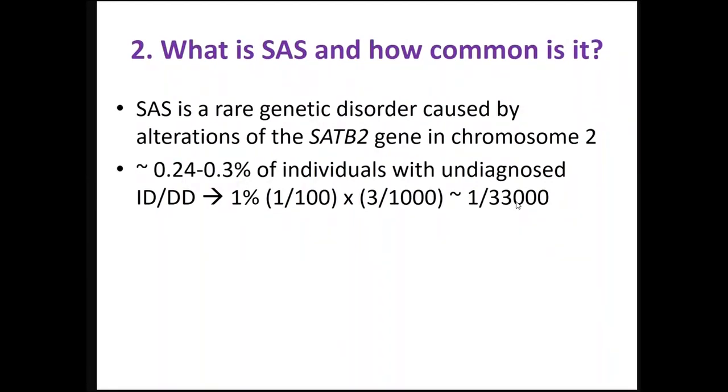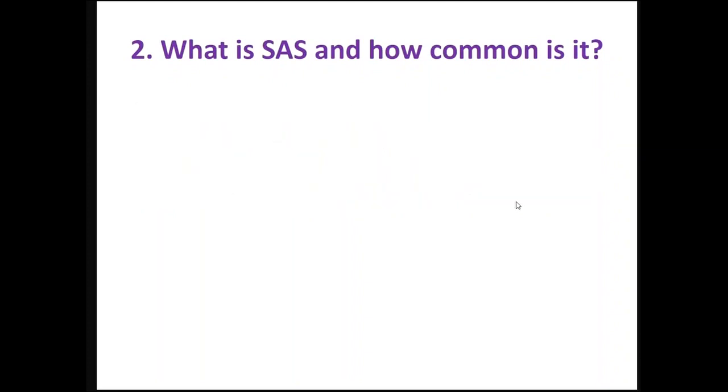Again, rough estimate, which for genetic terms is relatively common. There are many other genetic conditions that are around that number that we're very familiar with. So I think that we're ballpark pretty close to be accurate with this estimation.